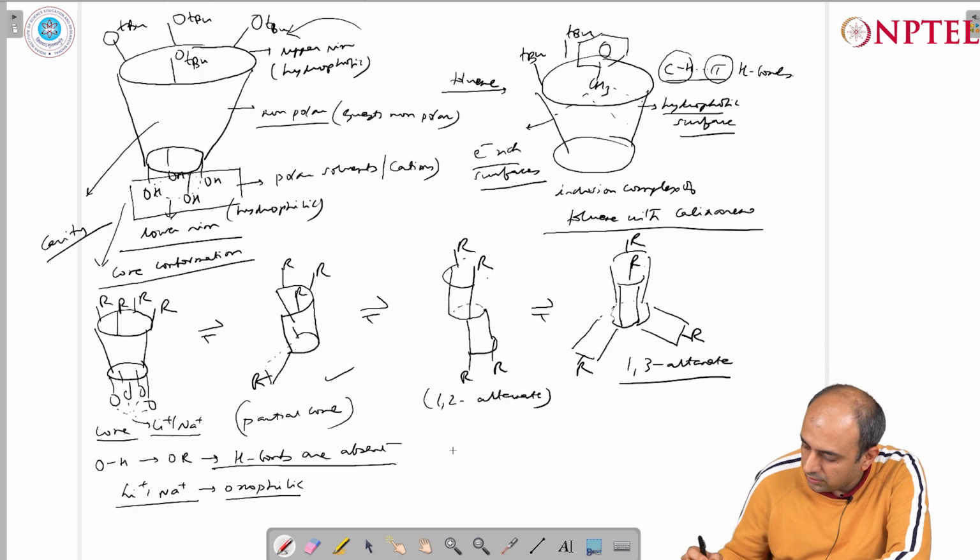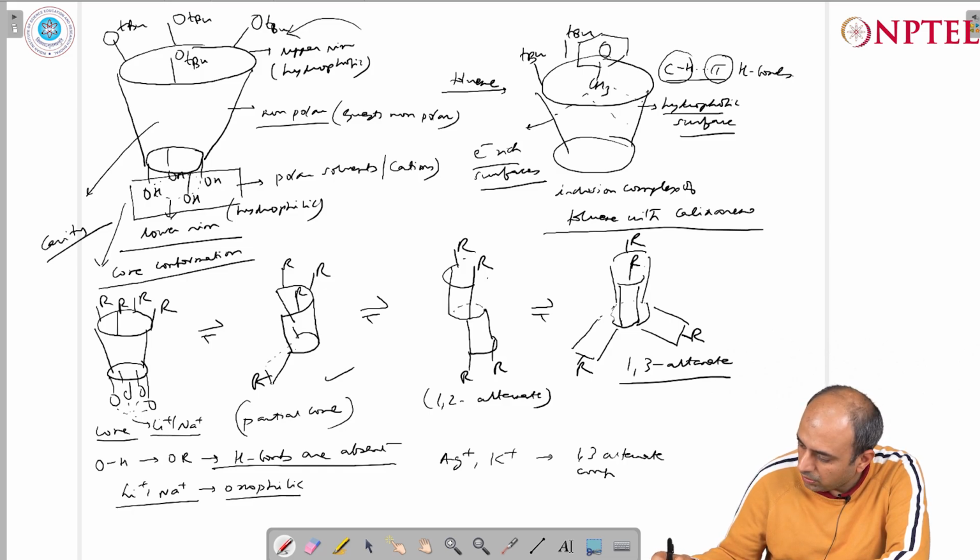When you have larger size species like for example the silver cation and the potassium cation, then we get the 1,3 alternate conformer and or the partial cone conformer.